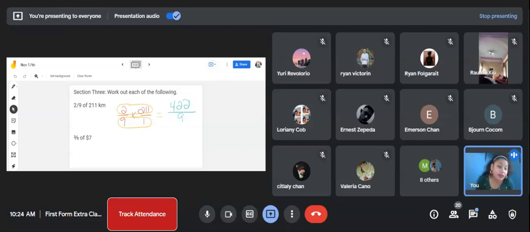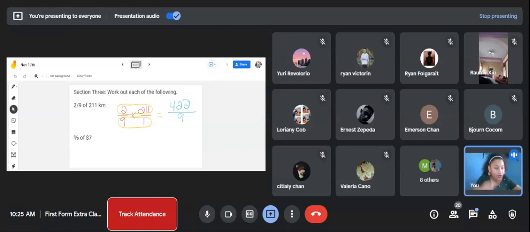That is what we have to do right now, because you cannot leave your answer there. I stressed never leave your answer as an improper fraction. Wherever you go, third form, fourth form, sixth form, university, if you give an answer like that, your teacher will look at you like you're crazy, because that's not how you do math.